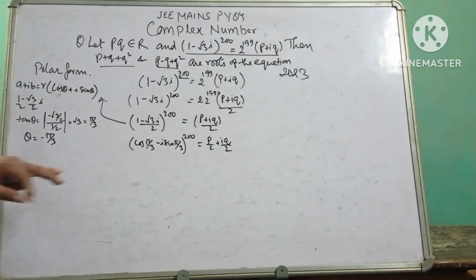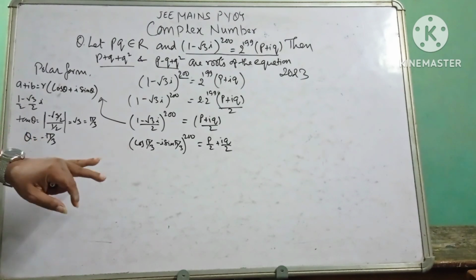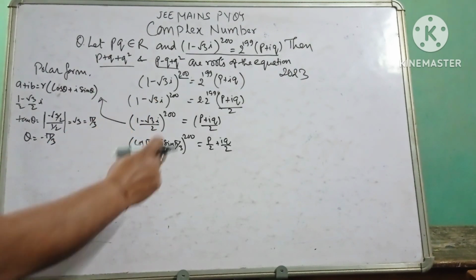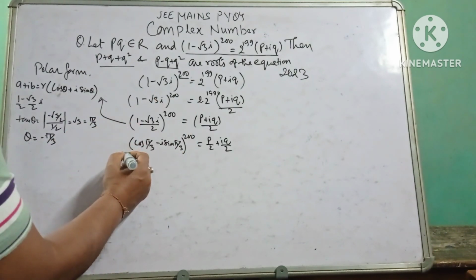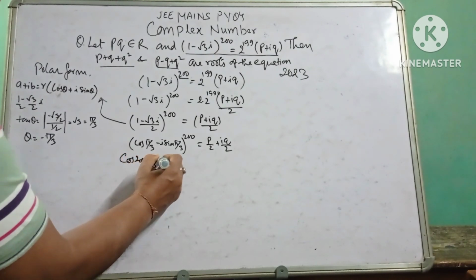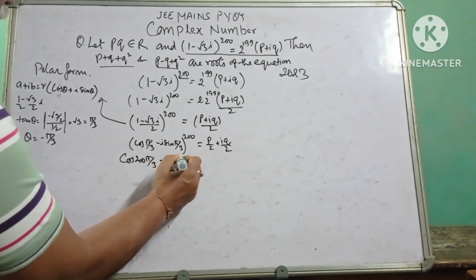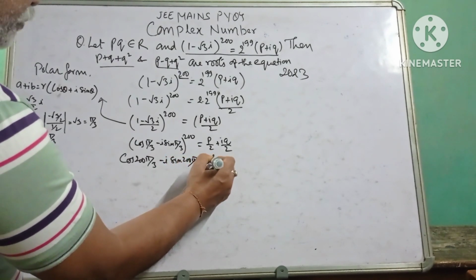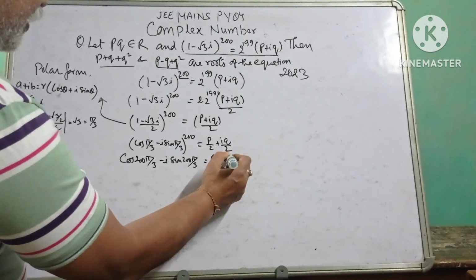Up till this it is your +2 level. Now the graduation level enters here, that is the de Moivre theorem. This power goes here: cos 200 pi by 3 minus i sin 200 pi by 3 is equal to p by 2 plus i q by 2.